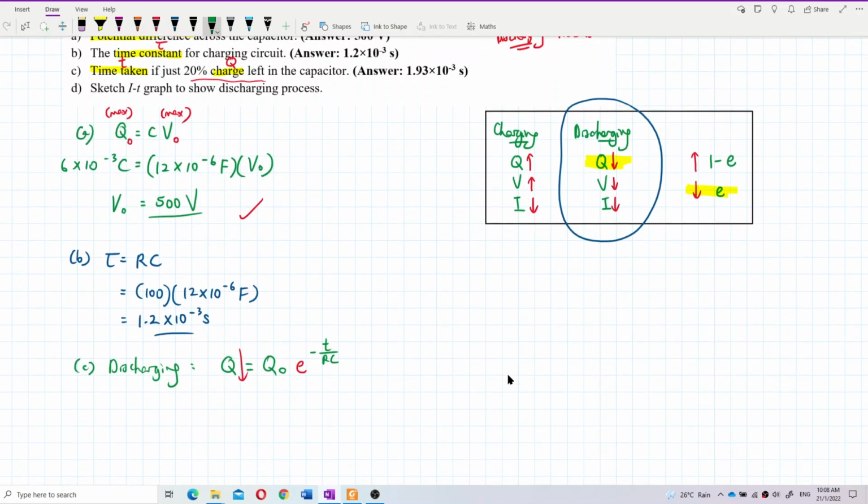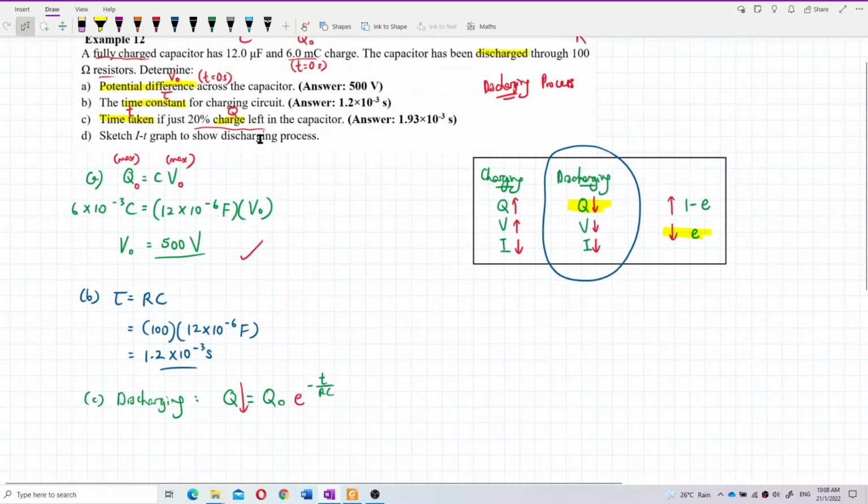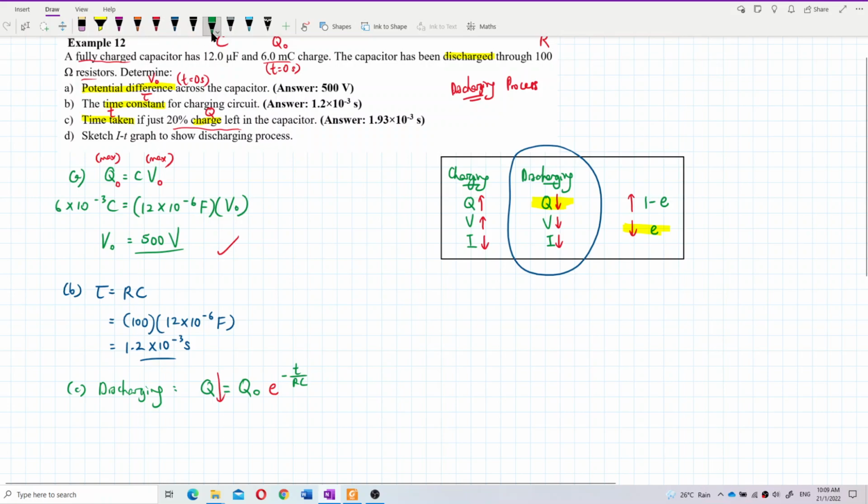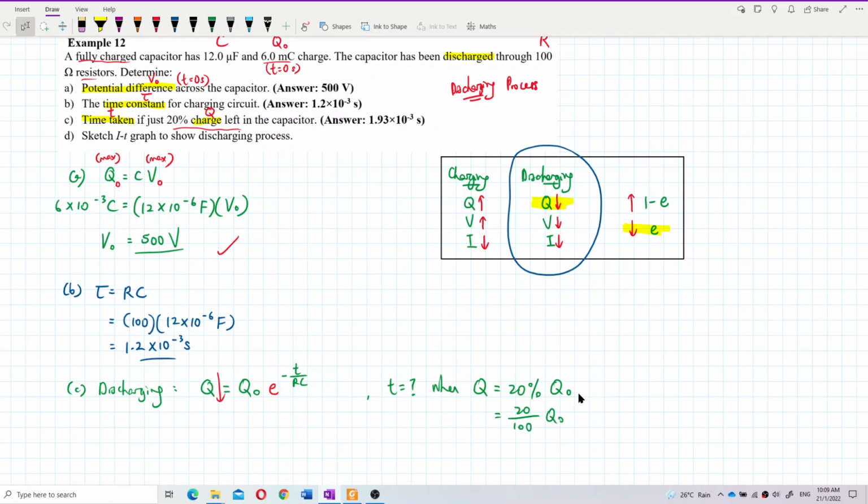Now, 20% charge left. The question is what is the time when the charge is 20% left, that is, 20% of the maximum initial charge. 20% of maximum charge we can write as 20 over 100, or 0.2 Q naught.